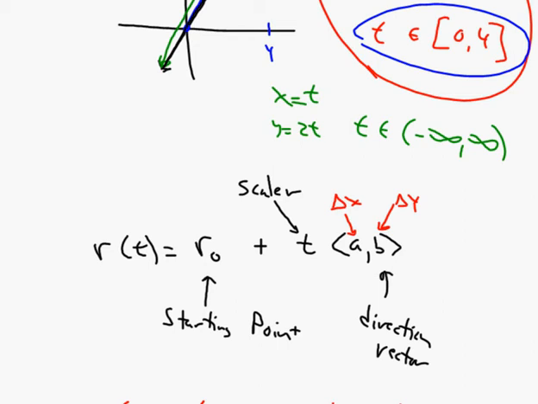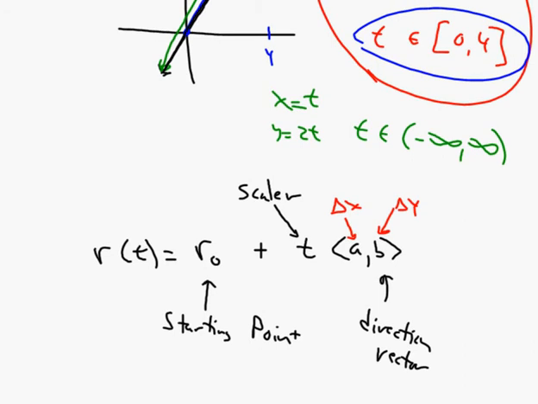And then I introduced you to this idea, right? R of t is typically how we're going to name our vector functions. R of 0 is a starting point. This is where our line starts. It could be any point on the line. And then I introduced you to the idea of a direction vector, which some of you felt comfortable with, some of you didn't, or maybe you didn't know it before.